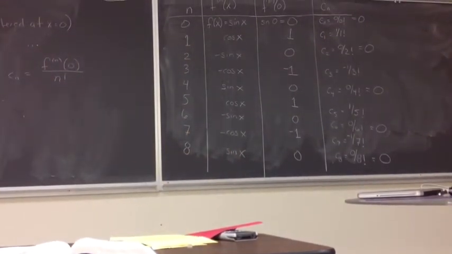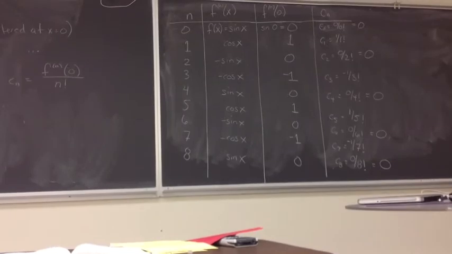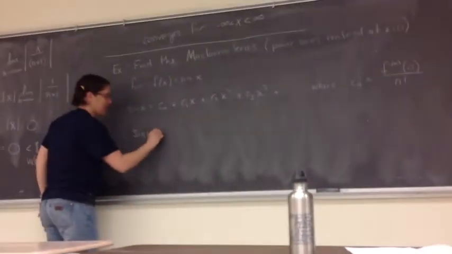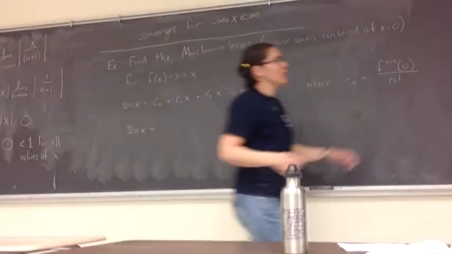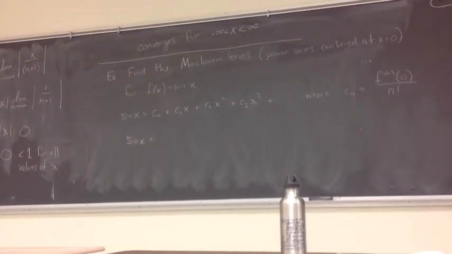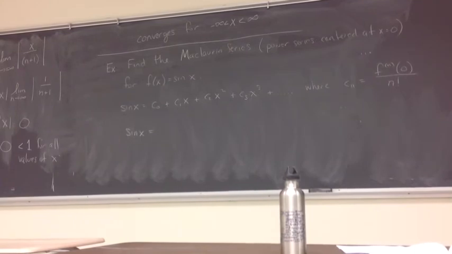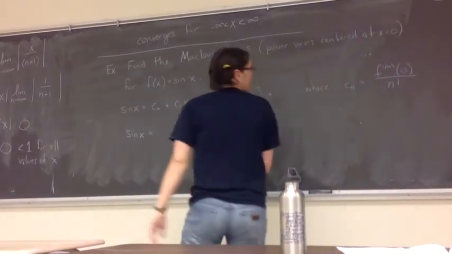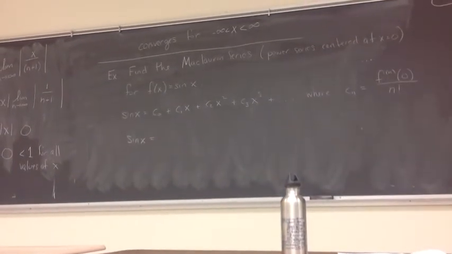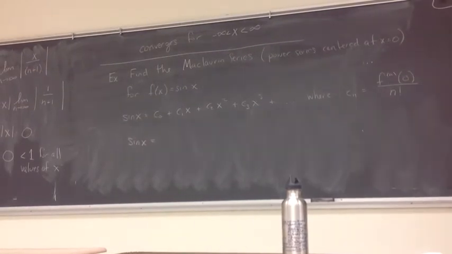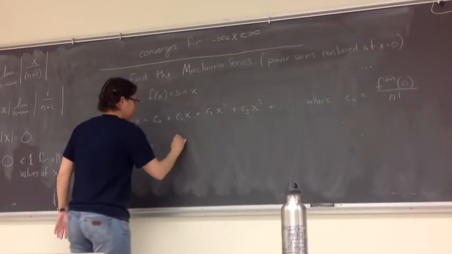Okay, so now when I go back over here to my series, I'm going to write sine of x. And whenever I have the 0 coefficient, I don't even need to write that term down. So for example, I don't need the 0 for the C0. And then I have plus 1 over 1 factorial, which by the way is equal to 1. And so I have 1 times x.